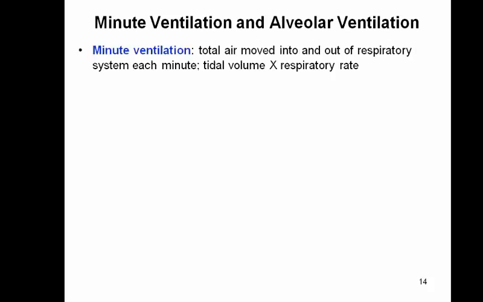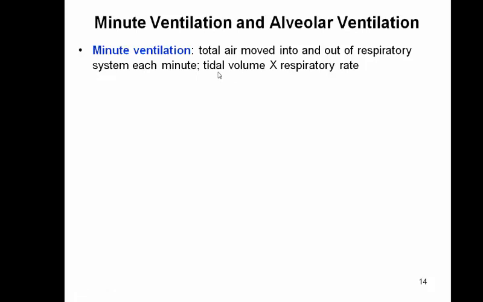In this last slide, we're just going to go through some basic definitions that we'll touch on in later videos. Minute ventilation, as the name indicates, defines how much air we move into and out of our respiratory system each minute. It's defined by the tidal volume, which is the amount of air we move with one breath.